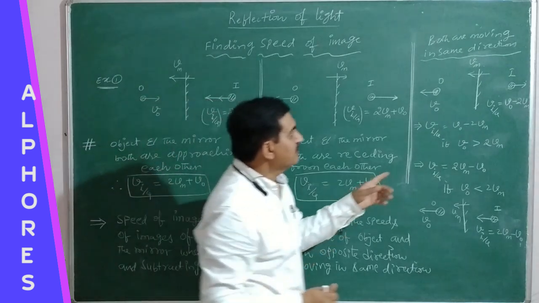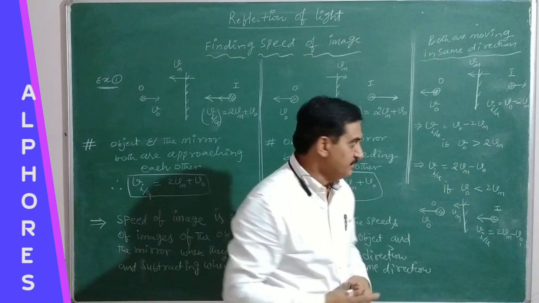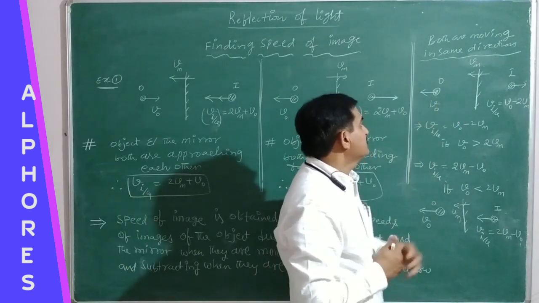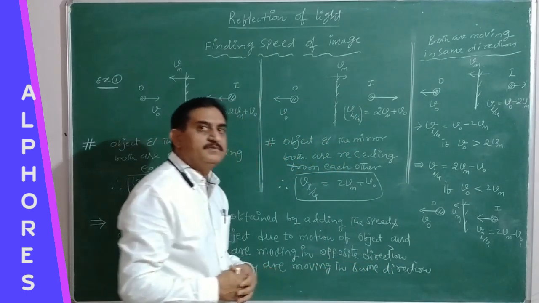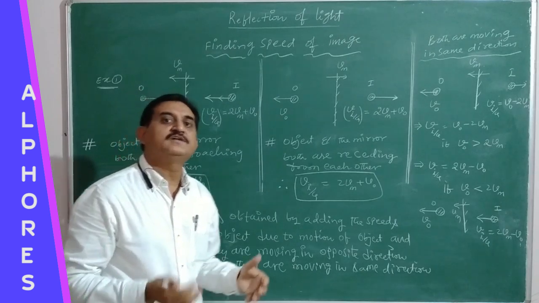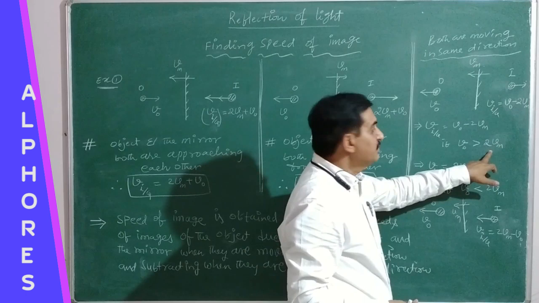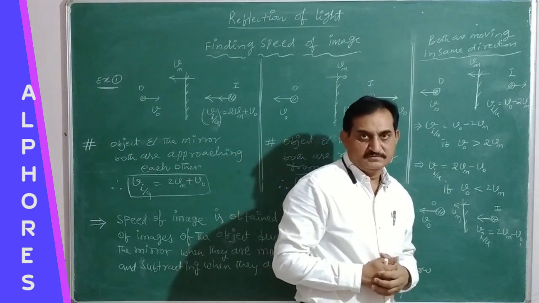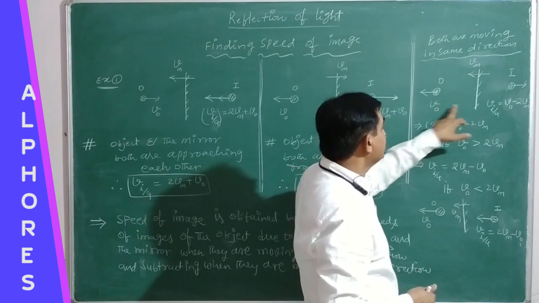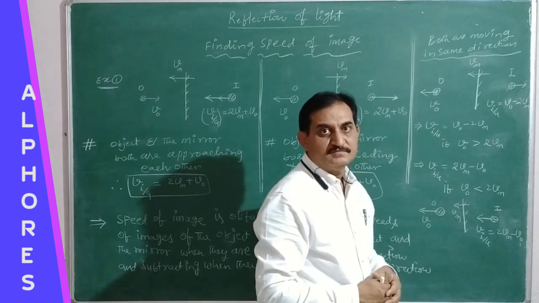Now, the third case: the mirror and the object are both moving in the same direction. If the speed of the object is much greater compared to the speed of the mirror, or we can also take that the speed of the object is more than double the speed of the mirror, then in this situation the separation between these two increases.